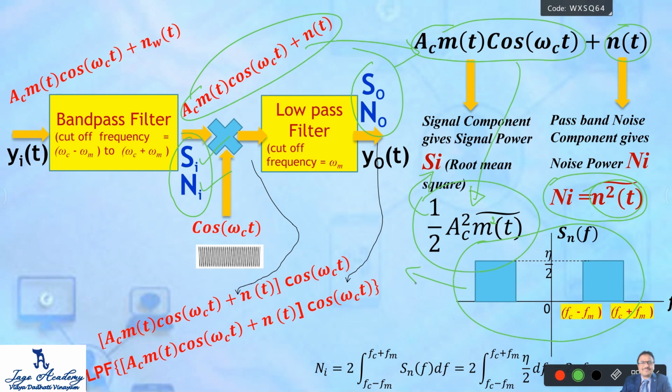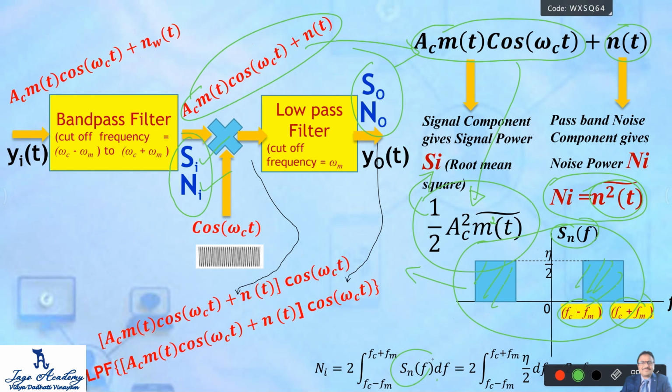Root mean square value is nothing but the area under this curve. So the area under this curve is 2 times the integral from fc minus fm to fc plus fm of Sn(f), the power spectral density, into df.